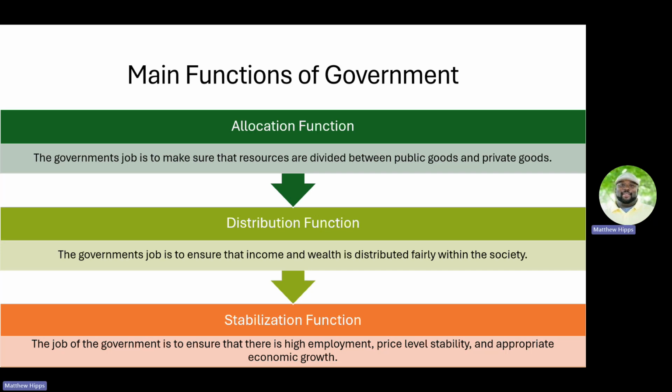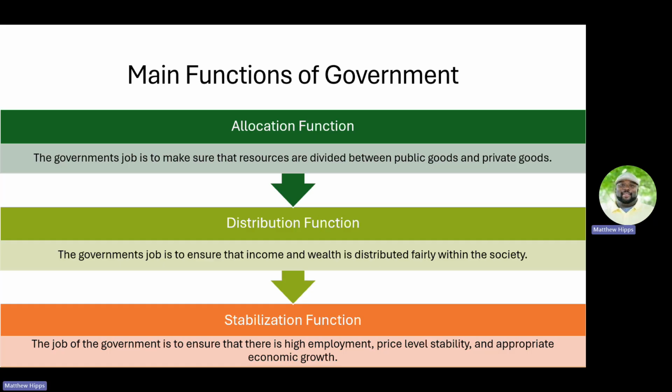The main functions of government are what we call allocation, distribution, and stabilization. Allocation simply says that the government's job is to make sure that resources are divided by public goods and private goods. We'll spend some time in class talking about the distinction between those two.